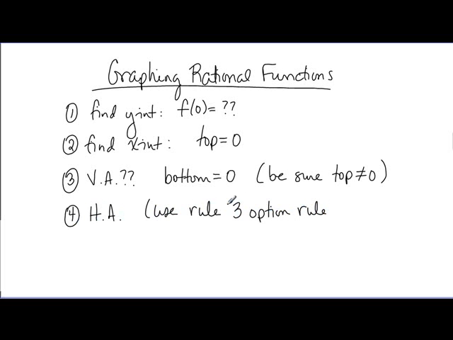So one option is that the power on the numerator, the top, is greater than the power on the bottom. If that's the case, there's no horizontal asymptote. If the top power is less than the bottom power, there is a horizontal asymptote at y equals 0. And if the powers are equal, then you look at the lead coefficients to come up with your horizontal asymptote.